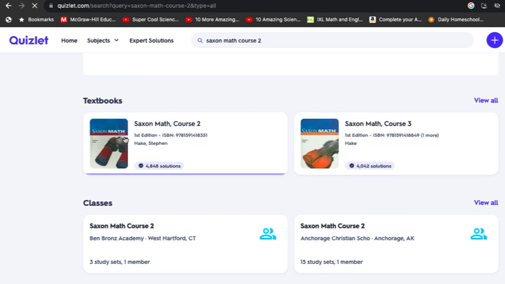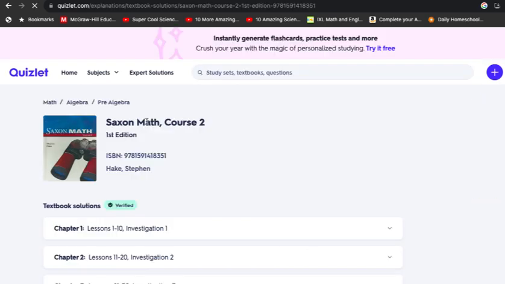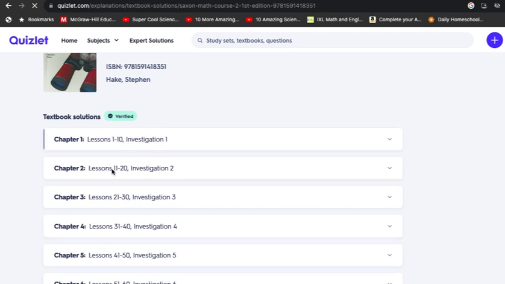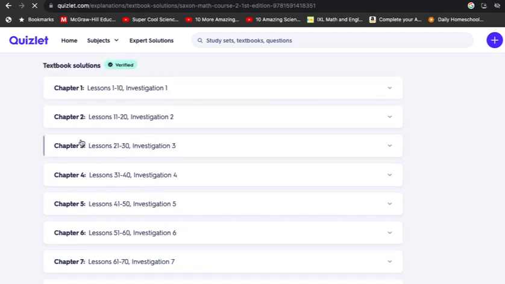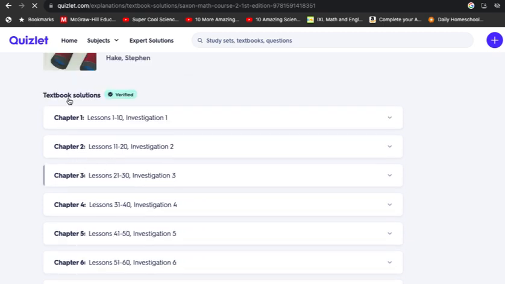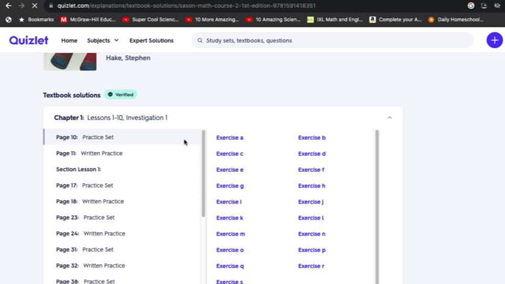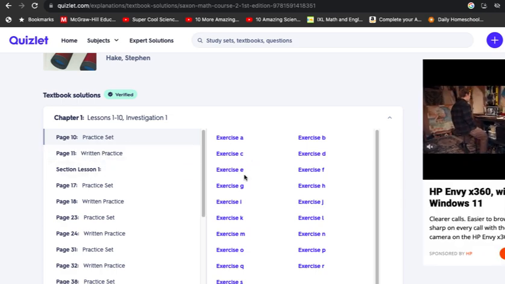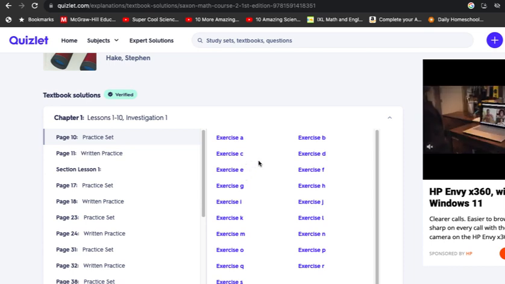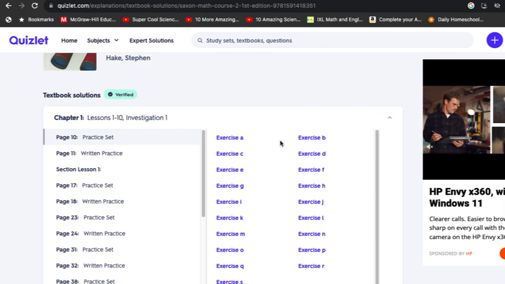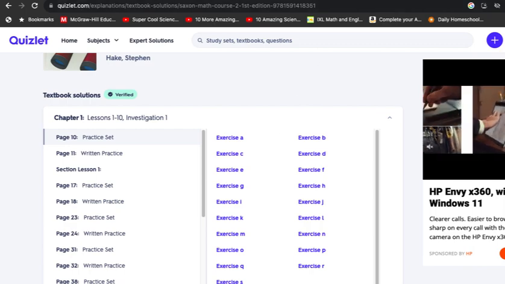Once you click on your textbook, they'll give you access to all of the answers for each chapter. So you'd be able to click on the chapter, look deeply at the answer choices that are given, and they'll give you the answer to the practice set and the answer to the written practice. So if you're having trouble, please make sure you check your answers so we can know which ones are right. You are responsible for checking your answers, all right?